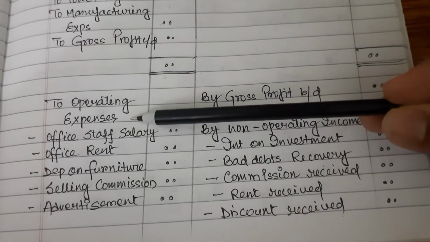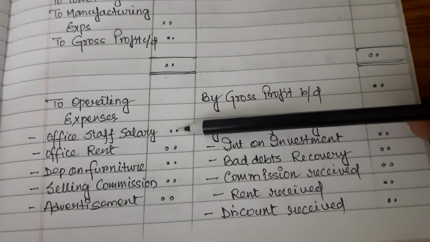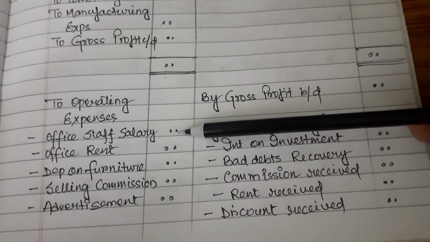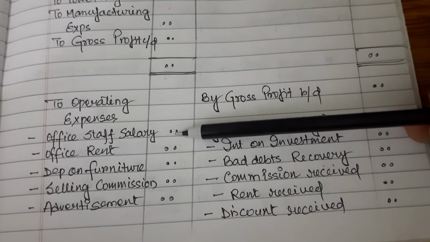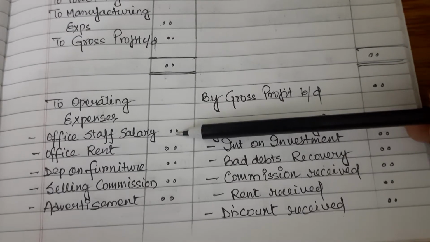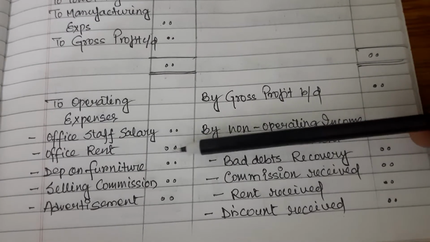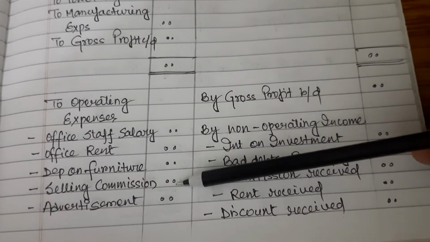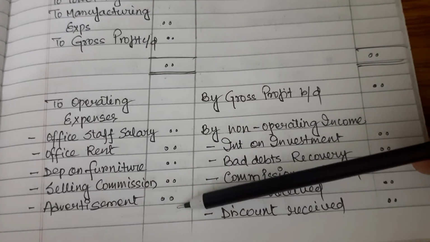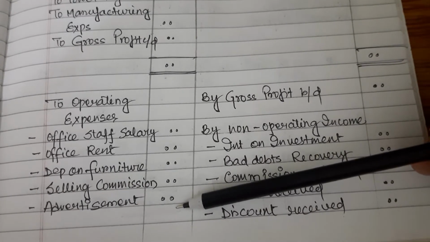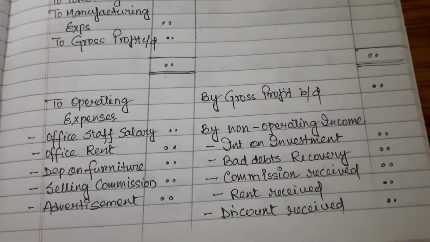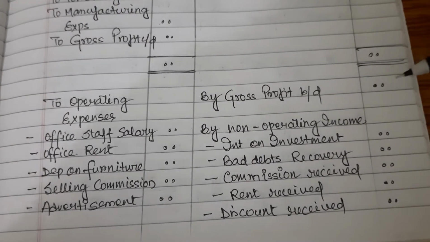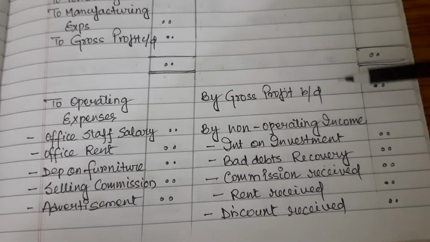And operating expenses mean, to run the business, whatever expenses we have to incur: office and staff salary, office rent, depreciation on furniture, selling commissions, and advertisement. These are all administrative-related expenses and selling-related expenses. Those are operating expenses. So this is my gross profit that we get from our trading account.